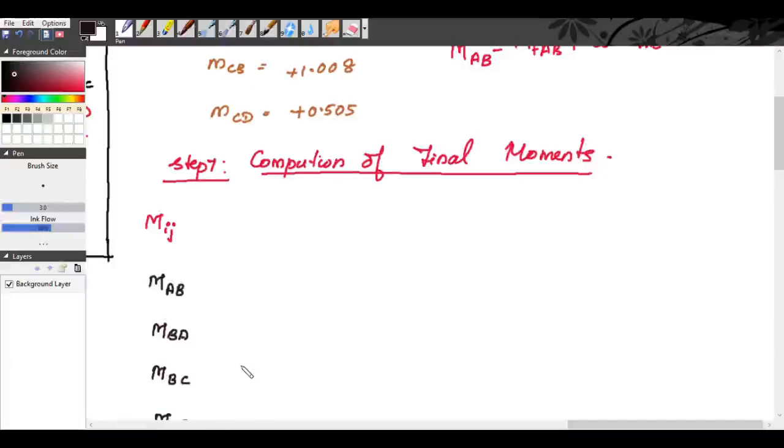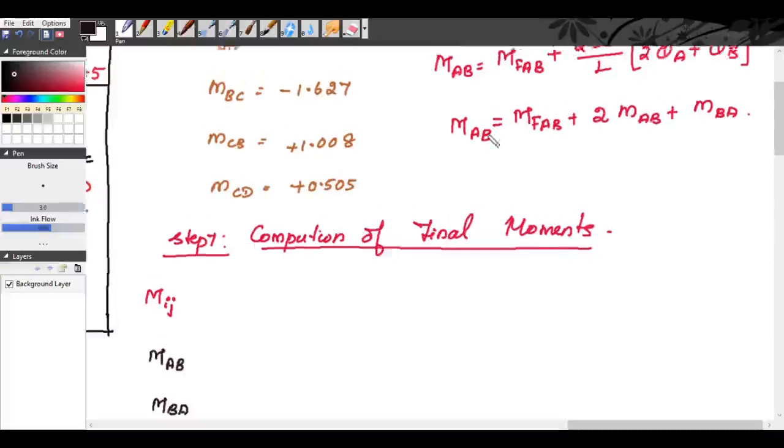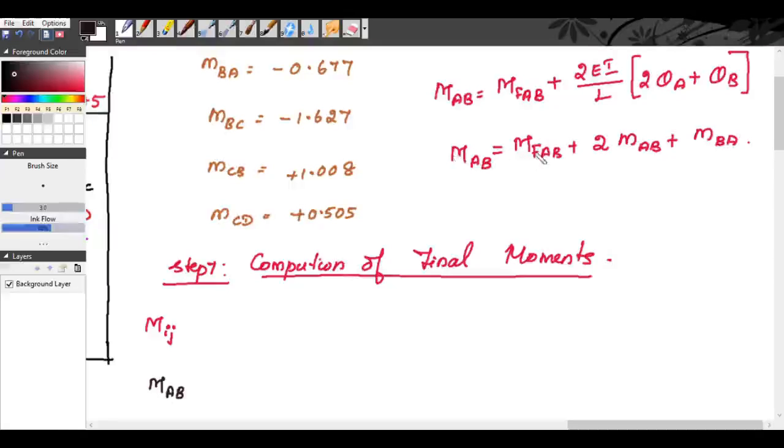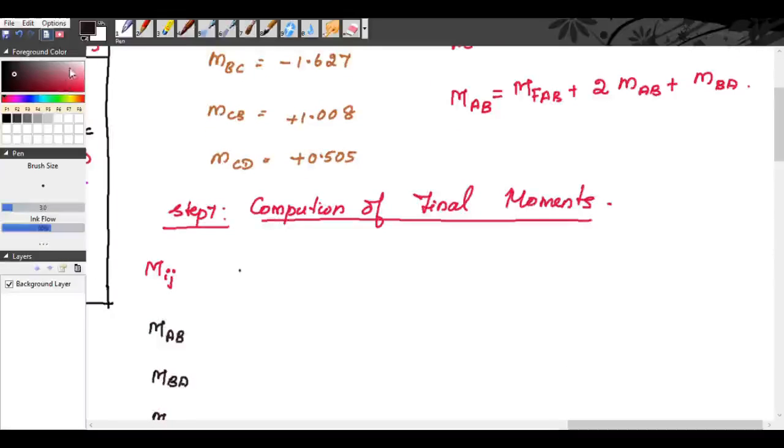So this is our final moments, MIJ. That is equal to the fixed end moments. The second column we will write MFIJ, that is the fixed end moments.